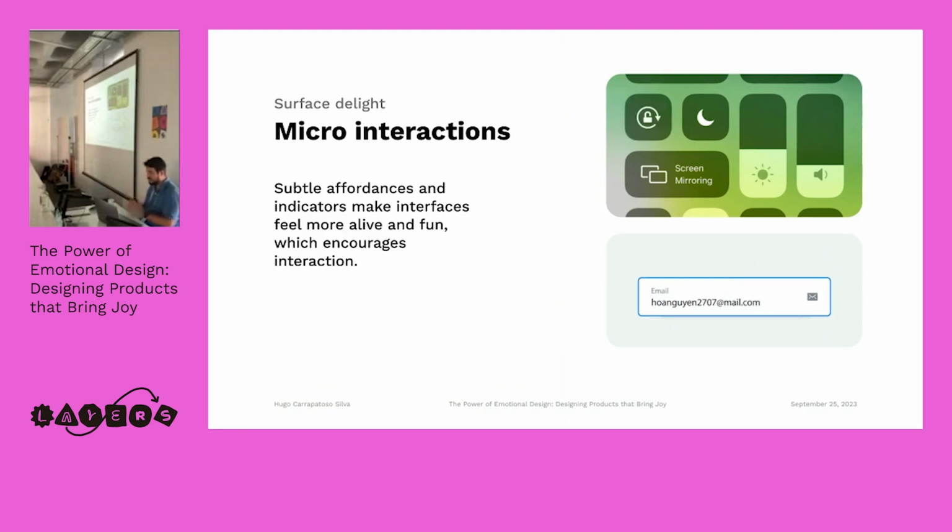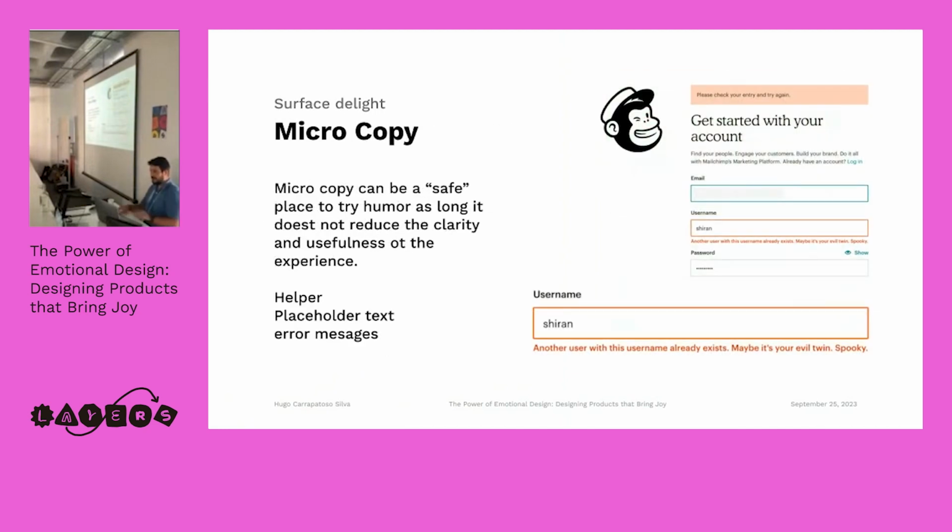It's pretty simple, but it really gives feedback to the user. And of course, below is an input that gives us feedback on whether you wrote the email correctly or not. That's pretty simple, of course, but it really makes a difference.